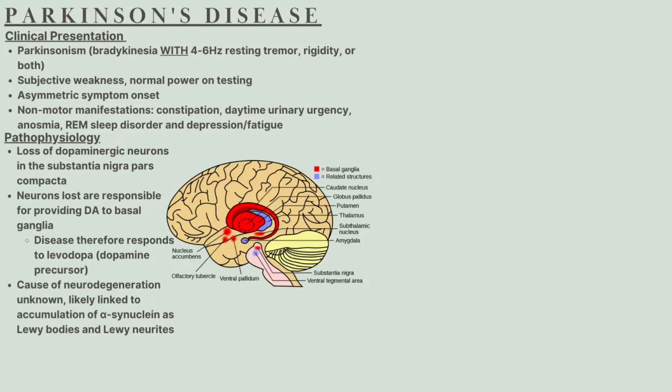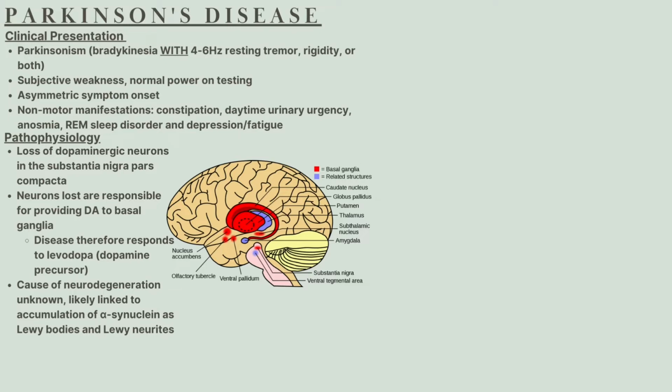The development of Parkinson's disease is related to the loss of dopaminergic neurons in the substantia nigra pars compacta. These neurons are responsible for providing dopamine to the basal ganglia, which is the key neurological network responsible for the planning and modulation of movement patterns. This explains the responsiveness of the symptoms to levodopa, a synthetic form of L-dopa, which is a precursor to dopamine that helps increase dopamine concentrations centrally.